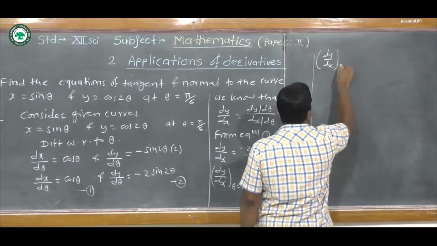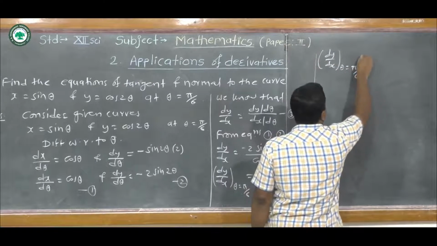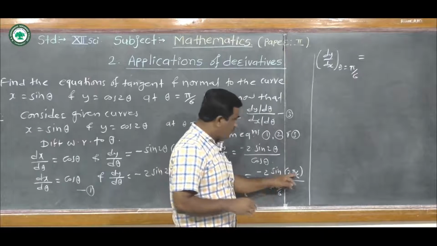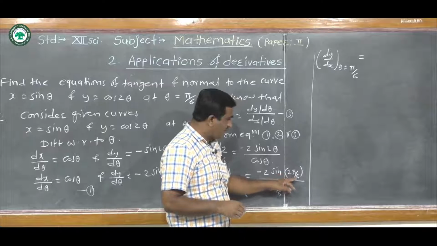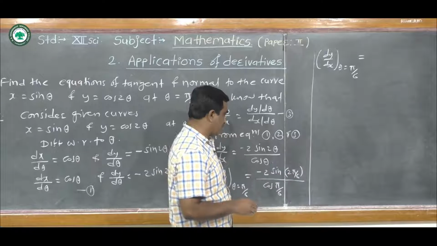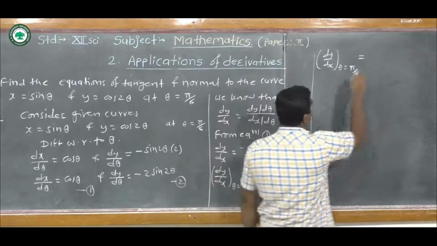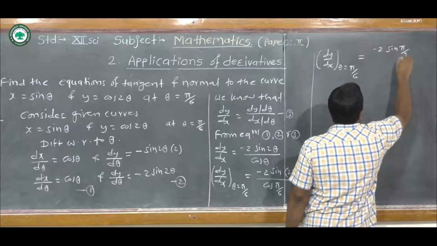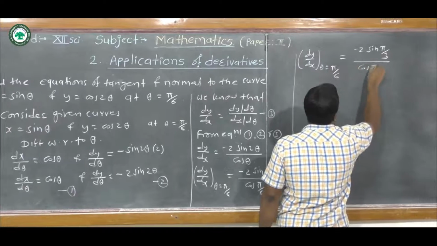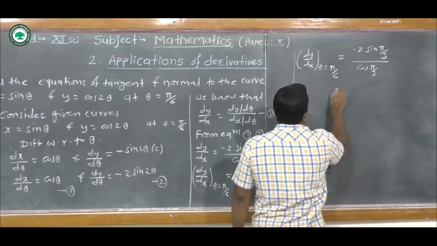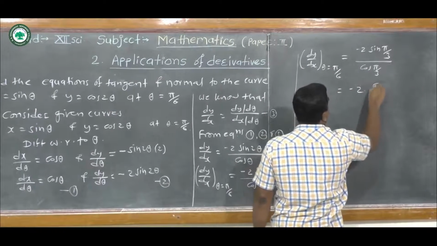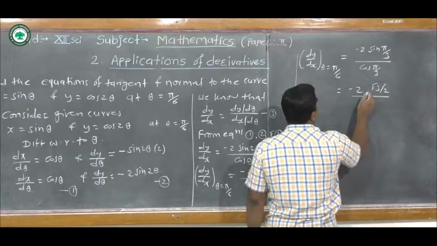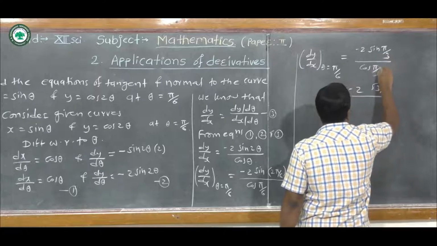Now here, minus 2 into sine 2 pi by 6 means sine of pi by 3, since 2 upon 6 means 1 upon 3, minus 2 sine pi by 3 upon cos pi by 6. The value of sine pi by 3 is root 3 by 2, upon the value of cos pi by 6 here.